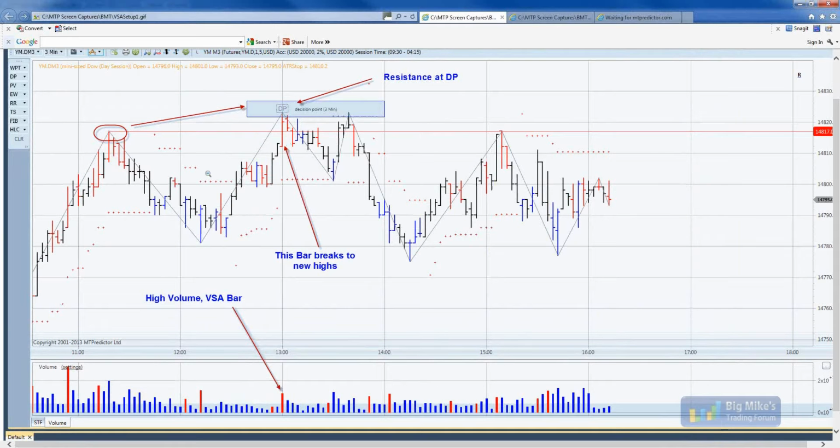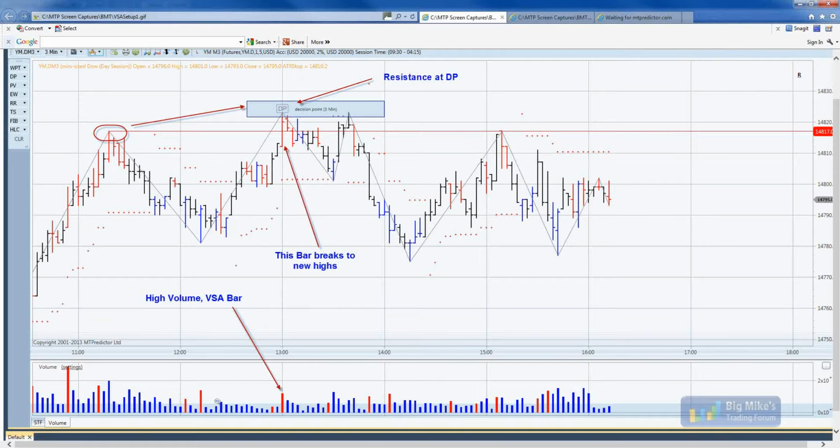Now again, I'm sorry I can't show this on the actual software, but I just want to talk this through. What we're looking for is an important level, an obvious level on a chart like we have there, where most technical traders can say that that's an important pivot. In other words, I can see it, there it is. We then look for a bar that goes through that on increased volume.